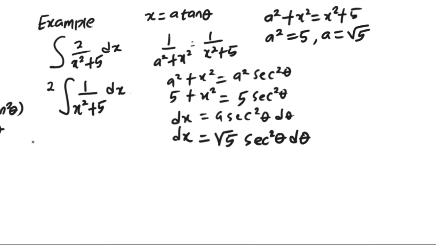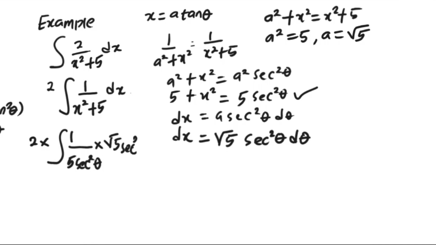So this will give us 2 multiplied by the integral of 1 divided by x squared plus 5, which is now 5 sec squared theta, multiplied by dx, which is root 5 sec squared theta d theta.